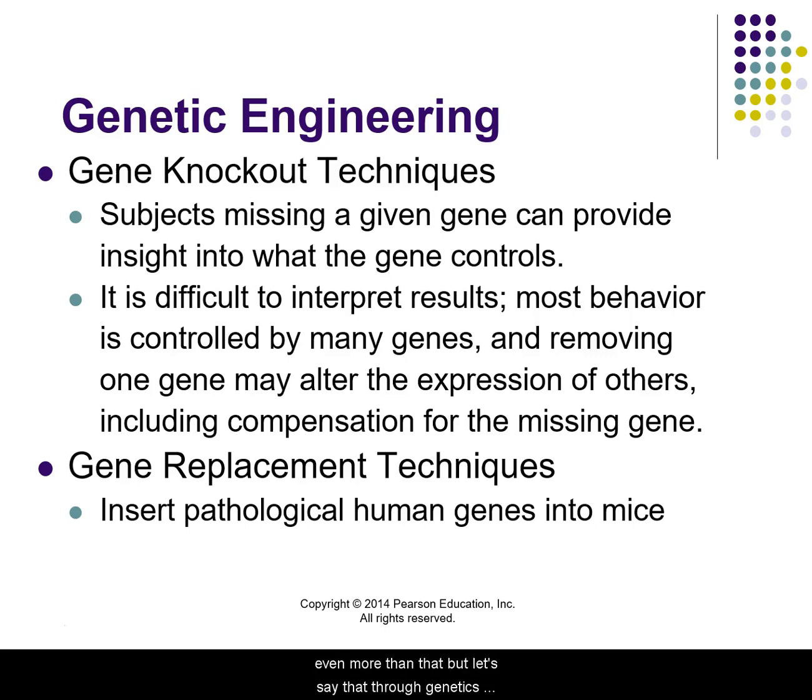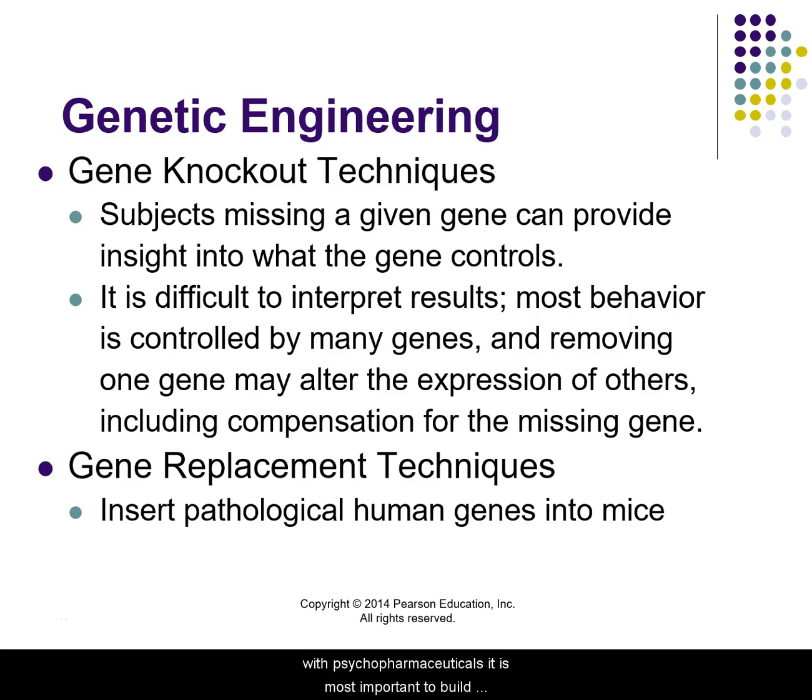There's D1, D2, D3, D4. There's even more than that. But let's say that through genetics, we're able to eliminate D1 and D2. And then what we can do is identify or build pharmaceuticals, psychopharmaceuticals, that will only affect D3 and D4 and then leave D1, D2 alone.